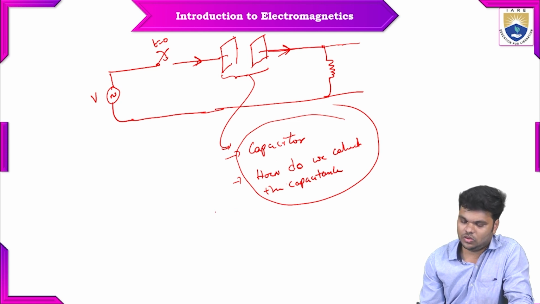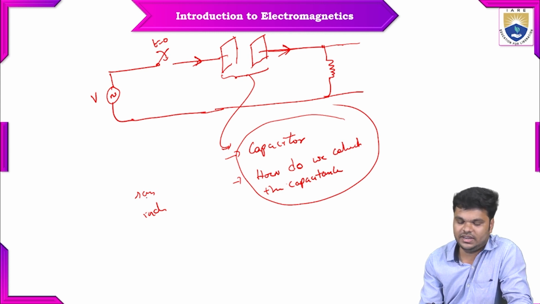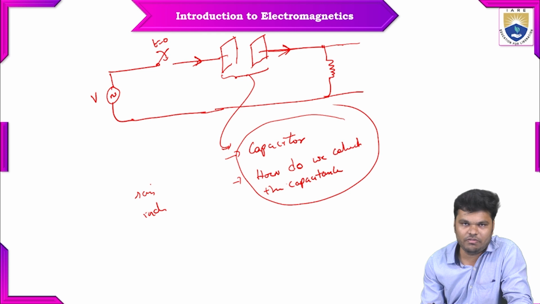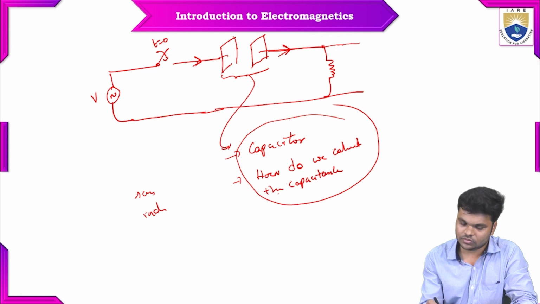Okay, so until now we have seen inductor and capacitor. Actually, the concepts such as inductor and capacitor are developed from electromagnetic theory, and electromagnetic theory tells us how to calculate inductance and capacitance values, right? Okay.